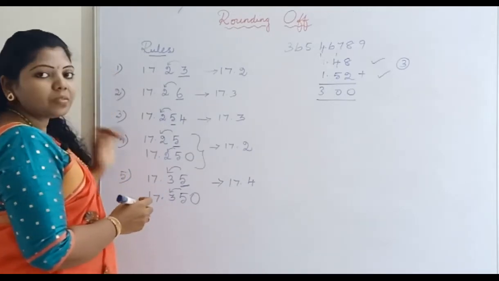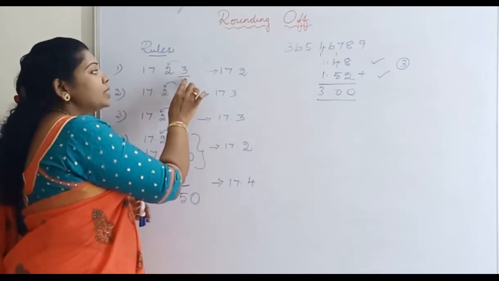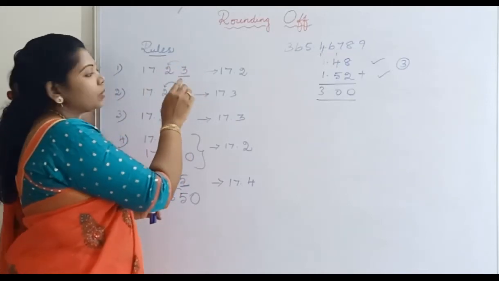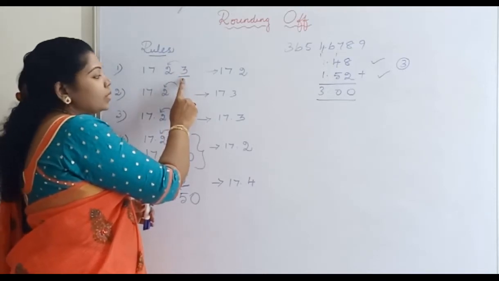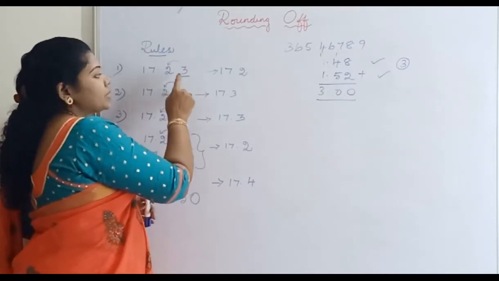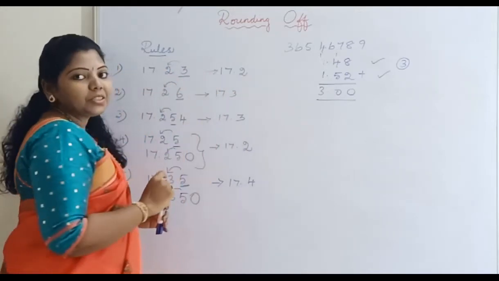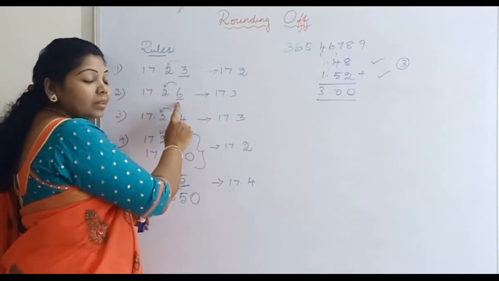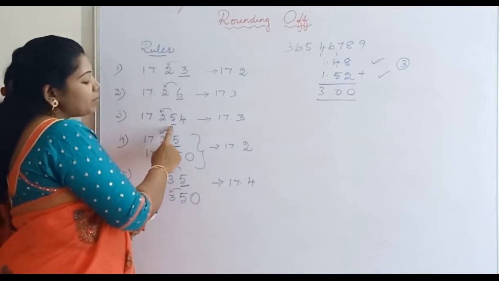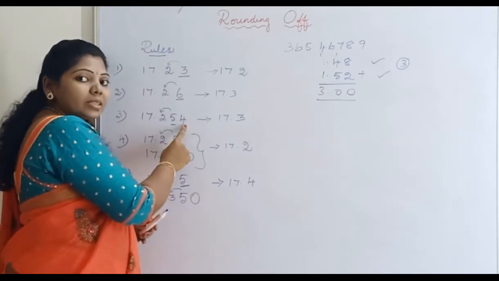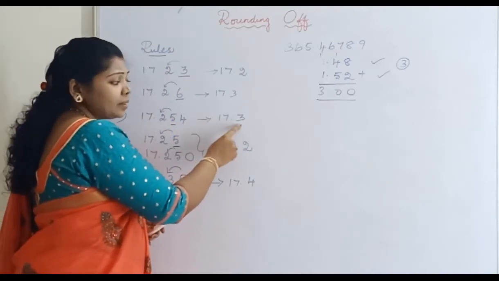So what is the first rule we have seen? We have to see which digit we are going to drop. If that digit is less than 5, the preceding digit should be written unchanged. The second rule is greater than 5: add 1 to the preceding digit. If the number is 5 followed by a non-zero digit, then the preceding digit should be increased by 1.